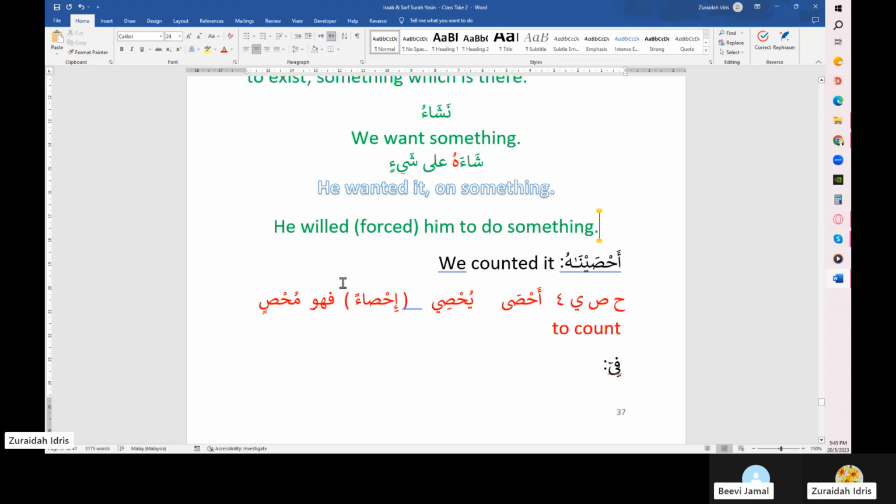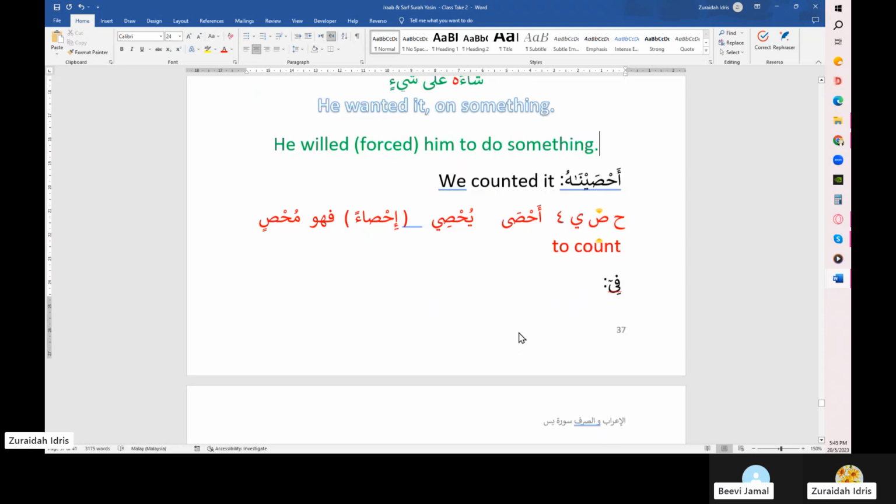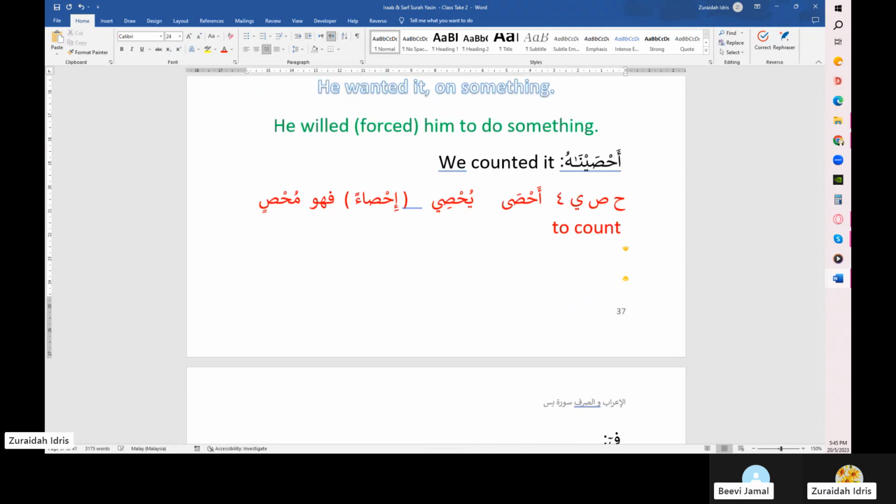Okay, now ahsaynahu. This one, we saw, is family 4. It is a fi'l, fi'il madi, mabni ala as-sukun, li-ittisalihi bi-na al-fa'ilin.